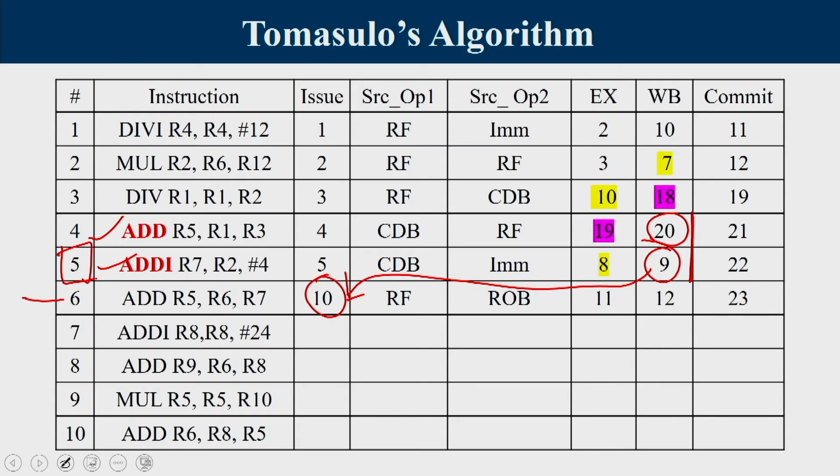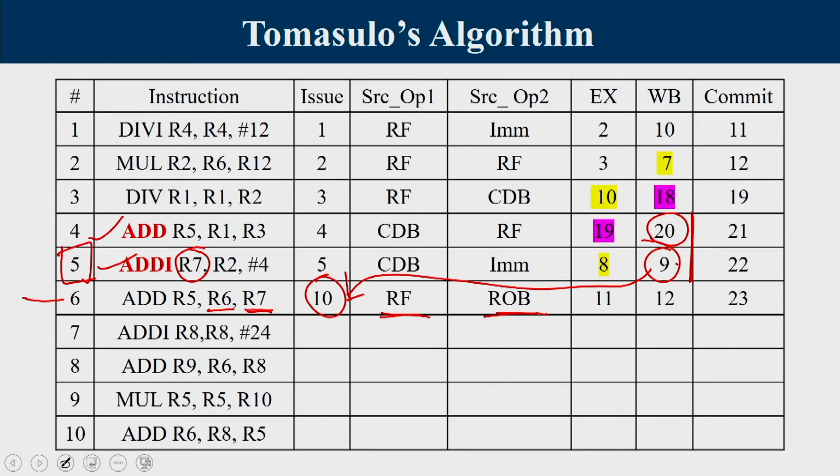Since I can issue instruction number 6 at 10, everybody after that also will be issued after 10, because issue is in order. Now when I issue at 10, what about R6? R6 will be there in the register file. What about R7? R7 value will be produced by him at clock cycle number 9. So when I issue at clock cycle number 10, I should know that R7 value is available in the reorder buffer.